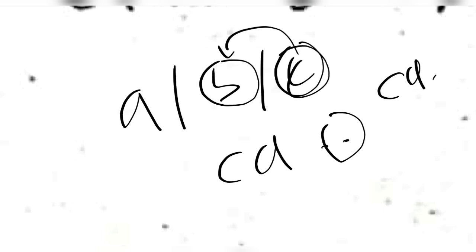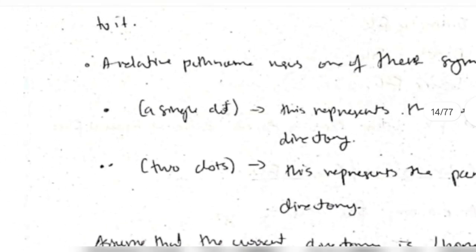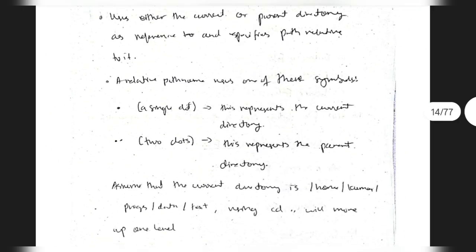Suppose this is the path we have, a/b/c. If I use cd dot dot, then relative to where I am, my directory will change, so I'll be present in b now. So relative to where you are, if the change is happening, that is known as a relative path name.